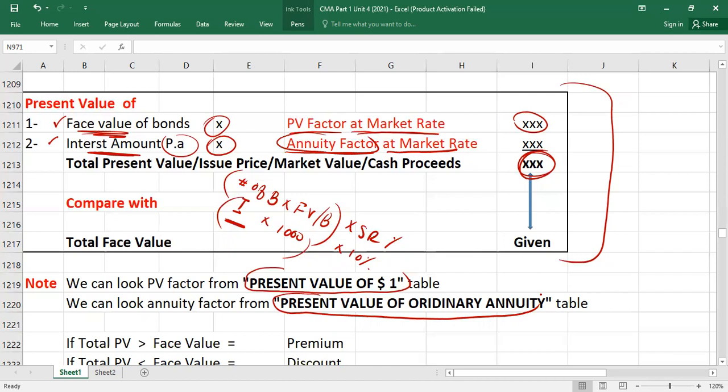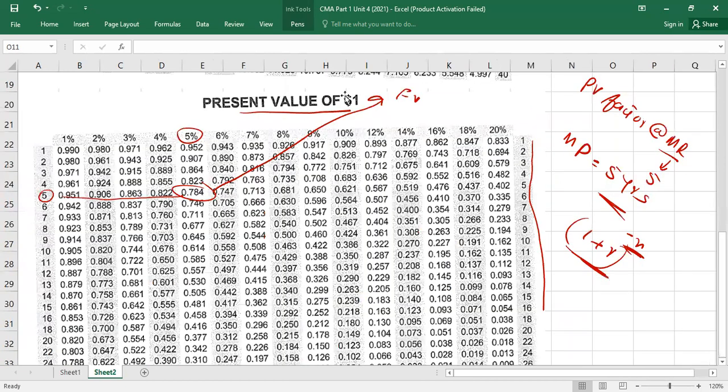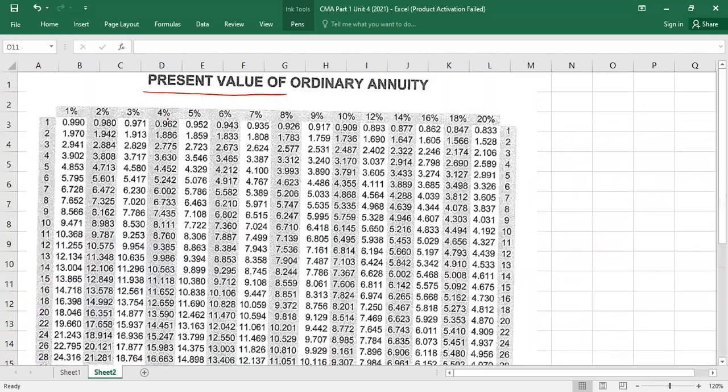Okay, so I'm going to show you that table again for annuity. If you look, this heading is present value of $1. No, I don't need this now. I need the other table, which is named present value of ordinary annuity. To look into this table, what do you need first? You need the market rate. I'm assuming the market rate is 12%. And second, you need to know the maturity period.